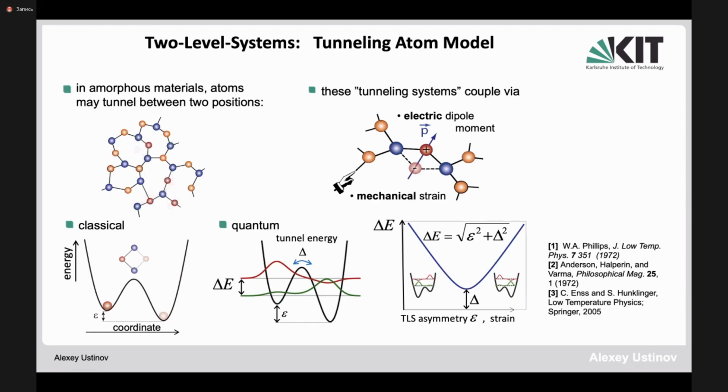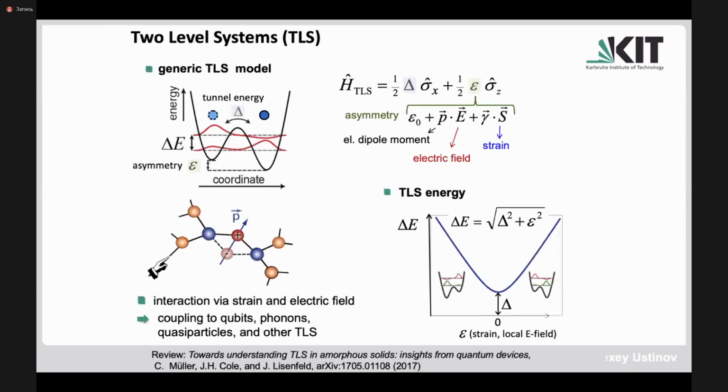And looking back into the textbook, you can find the two-level system has the energy level separation given by this formula, where delta is the energy level separation for a symmetric potential. So when two wells have the same depths, then the frequency of the transition between the ground state and excited state is going to be minimal and equal to delta.